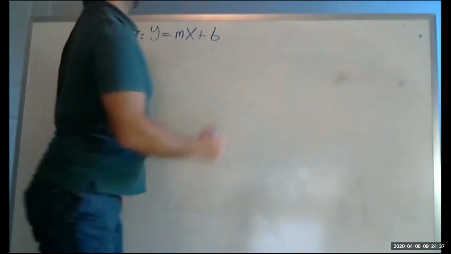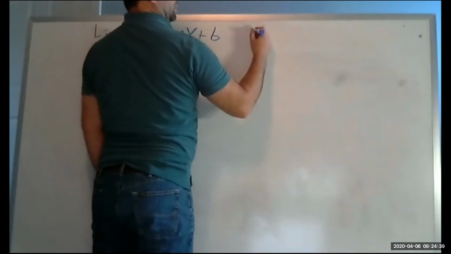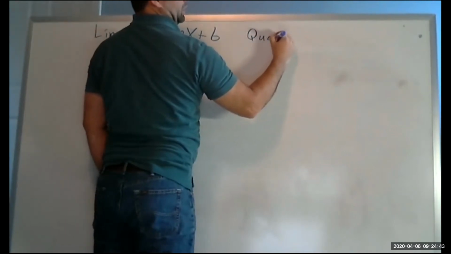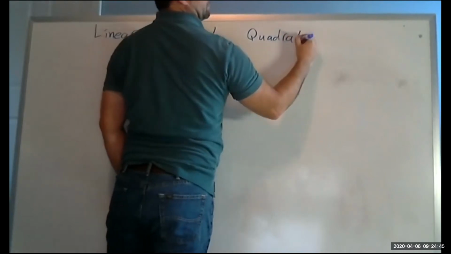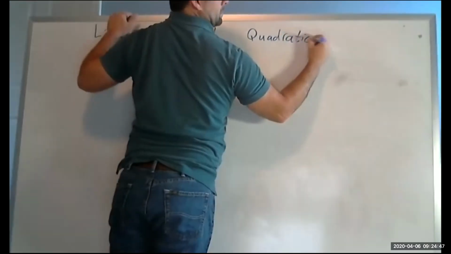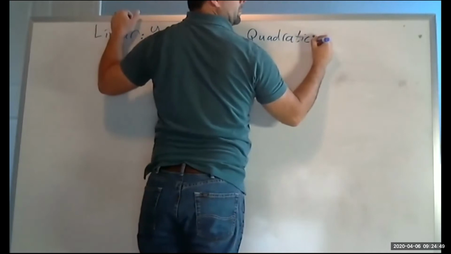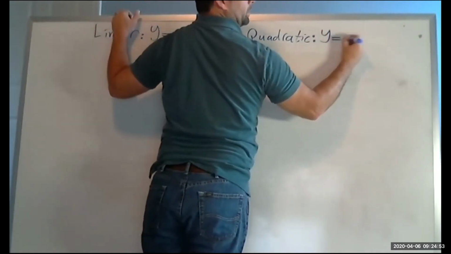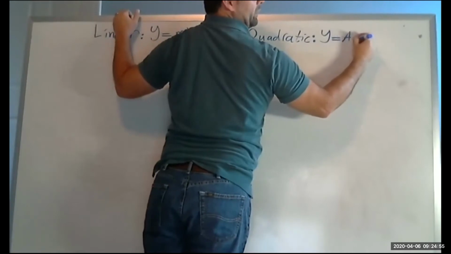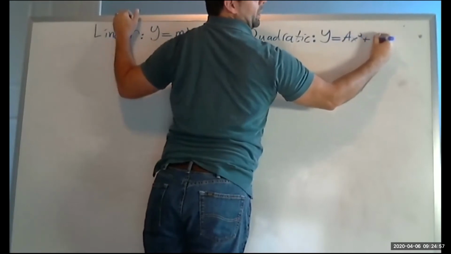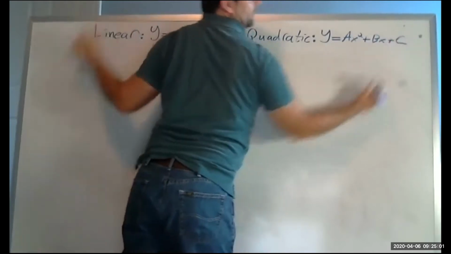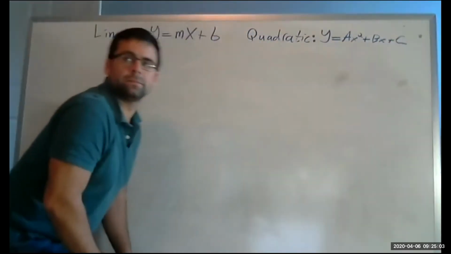So we call those quadratic. And the way that we wrote them was in this form: ax squared plus bx plus c.